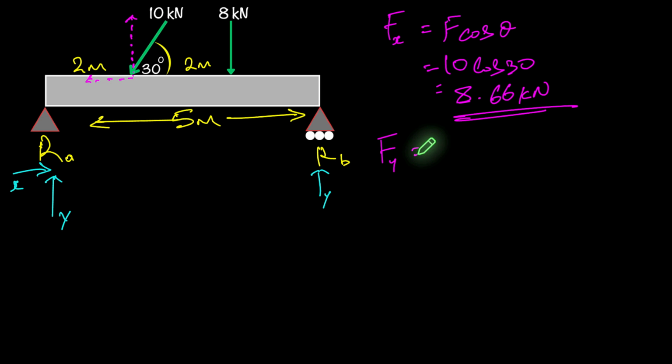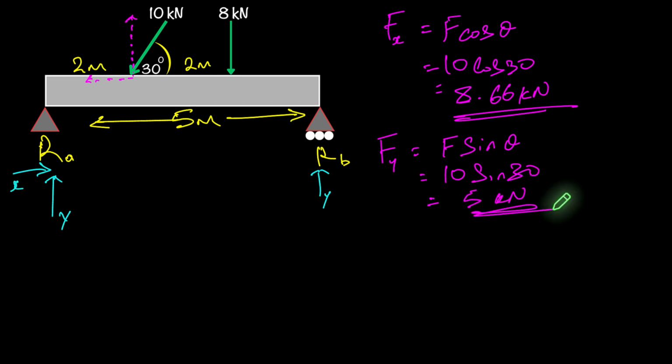And then when we do the same thing with the vertical component, we'll just have force times sin angle. Our force is still 10, and sin angle is still 30. So this leaves us with a force component of 5 kilonewtons. So for that 10 kilonewton inclined force, our horizontal component is therefore 8.66 kilonewtons and our vertical component is 5 kilonewtons.